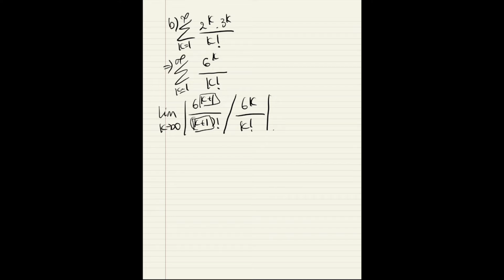By that, I have this limit as the limit as k goes to infinity of the absolute value of 6 to the k times 6 times k factorial over 6 to the k times k plus 1 factorial. This one will be cancelled.